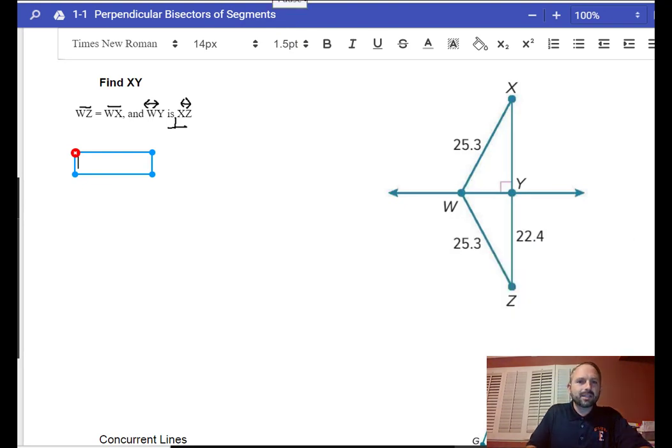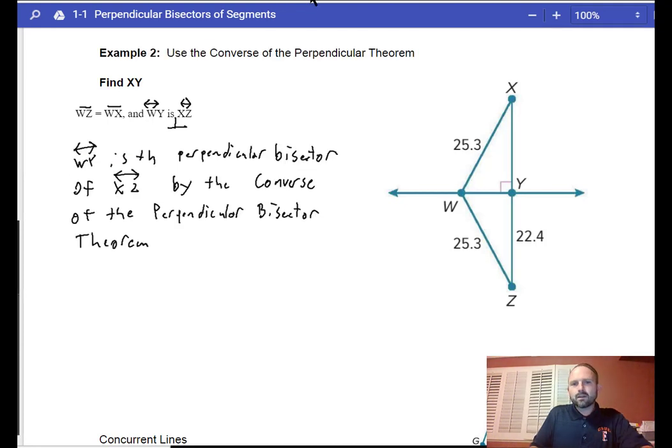Knowing that, we can use the converse of the perpendicular bisector theorem right now. So we understand that WY is the perpendicular bisector of XZ because we understand that, hey, look, these two are equivalent, and hey, look, this is perpendicular. So therefore, WY has to be the perpendicular bisector of XZ.